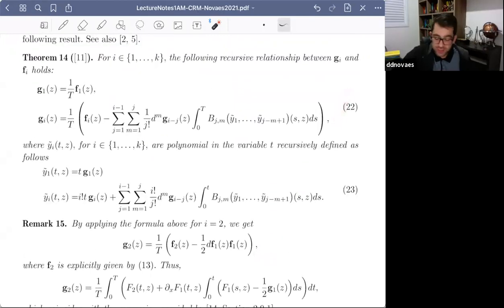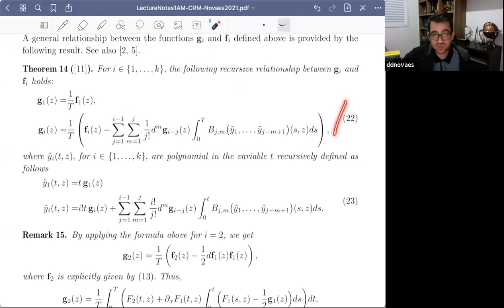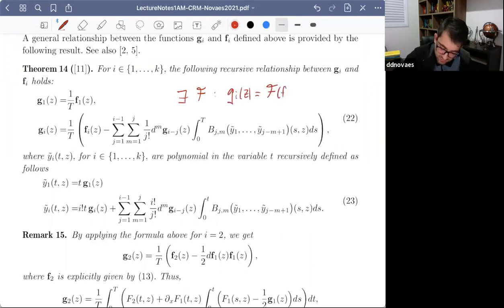If you can solve this recursive formula, I didn't try to solve it, and I don't know if we can do that, but if you solve it, then Gi is a function of the F's and only of the F's. But I don't know if you can do that. You can solve, but it's true, there exists a function such that Gi of z is equal to a function of F1, F2, up to Fi.